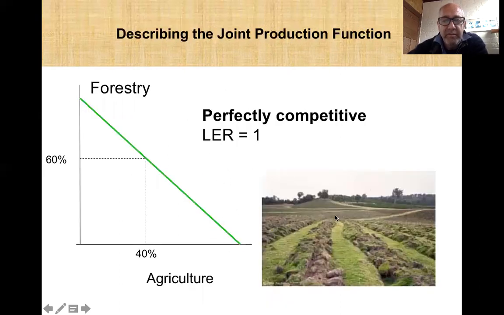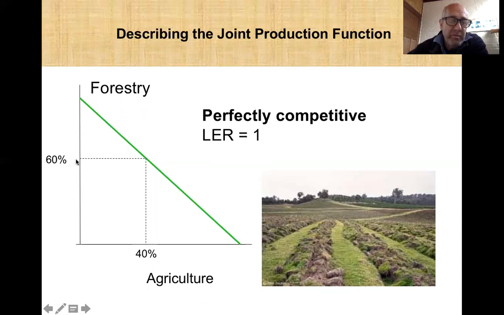Let's look at some of these joint production function curves, because they're quite logical when you look at some examples. Let's think of large-scale industrial forestry, where you put the trees in to maximize forestry production, but in doing so, there is no agriculture on that site. So if you look at a 100-acre farm, for example, it could be 100 acres purely under forestry or 100 acres purely under agriculture.